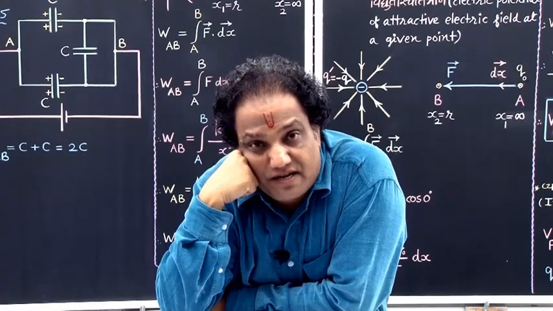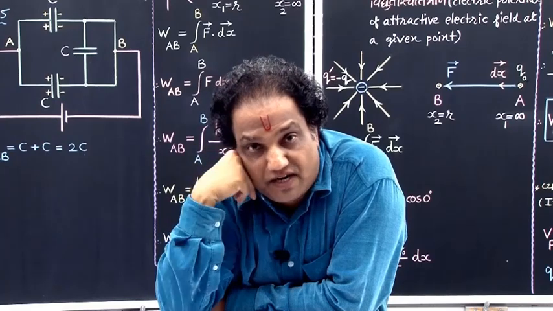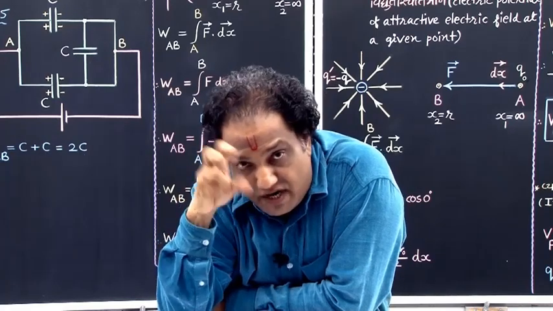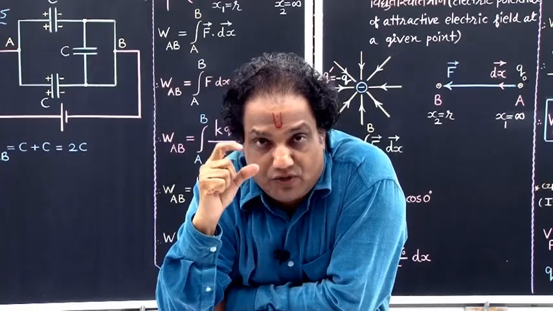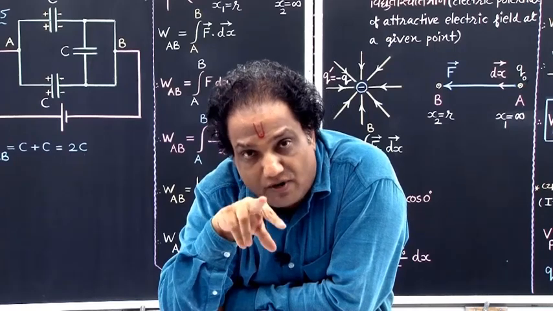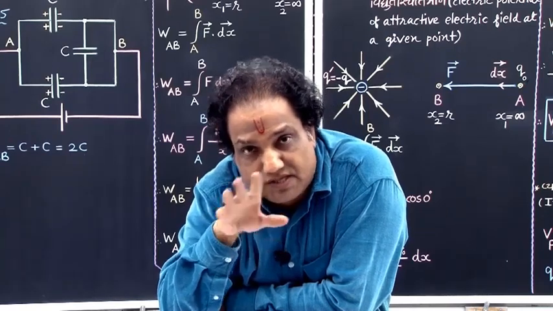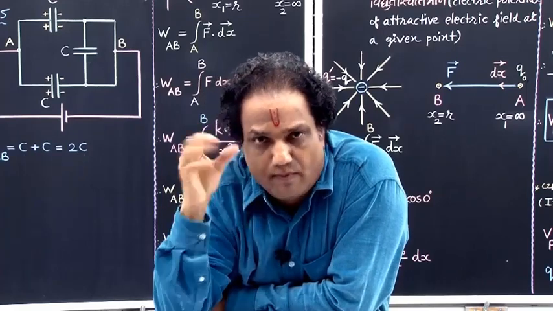You must define electric potential for 2 different types of electric field, one repulsive and one attractive, differently. Then you can use those 2 different definitions while deriving the formula of electric potential in both the cases separately and differently, correct? Then it will have no problem.